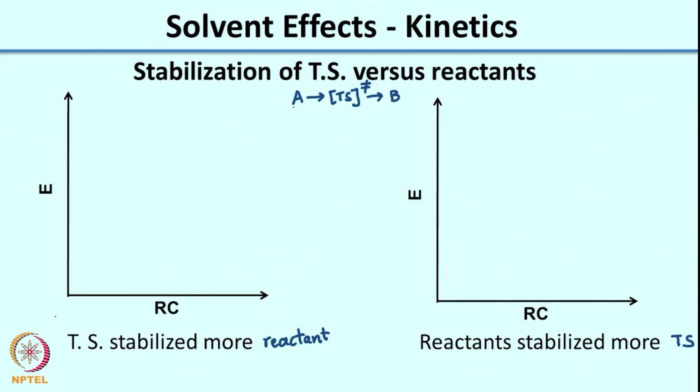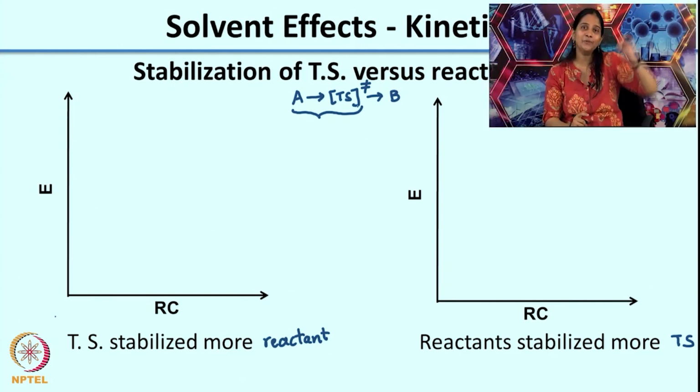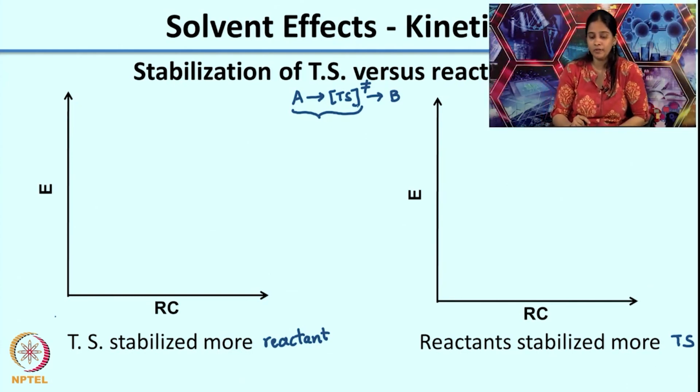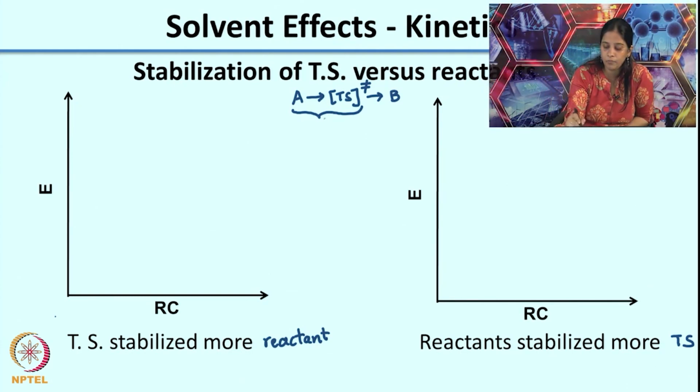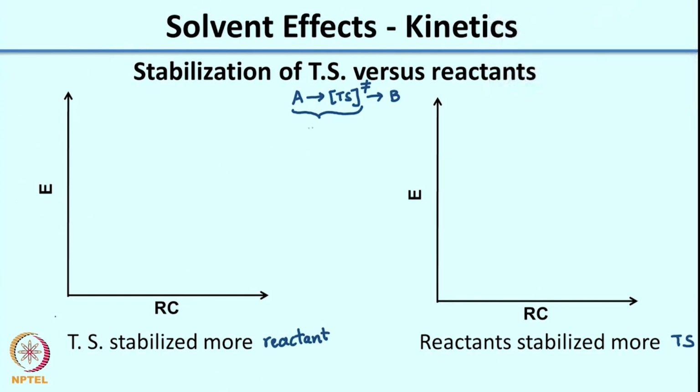Now, this would be one reaction coordinate. Here you need not draw B, you can only stop at the transition state, because we are trying to figure out kinetics. So, as I said, the distance to the peak is what is more important. So, this would be one thing you plot. Then you imagine that you have increased solvent polarity for this reaction.